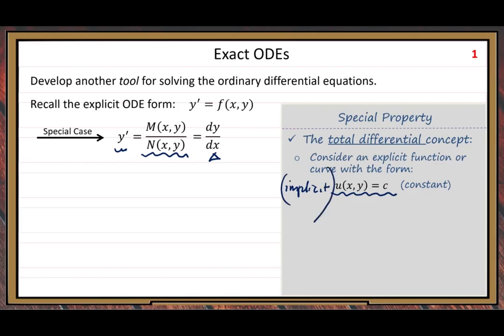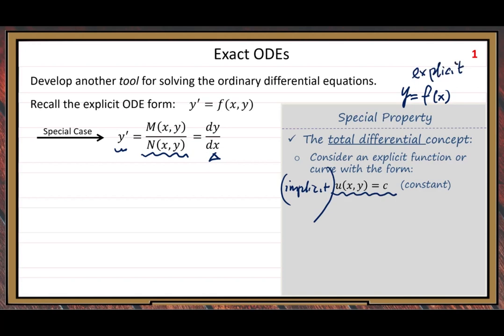Because it may not be easy to write it as an explicit function. An explicit function is y equals f of x. If you can write y equals f of x, then it's an explicit function.